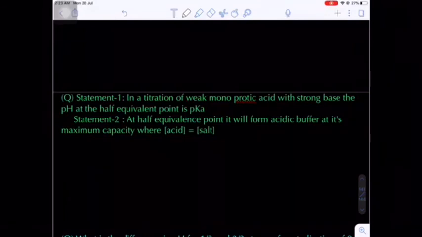That means here, let's suppose I have acetic acid and a strong base, that is NaOH, sodium hydroxide.